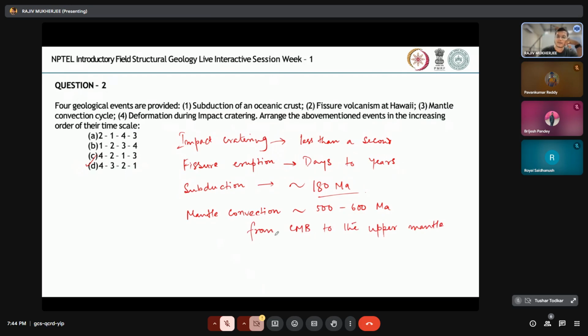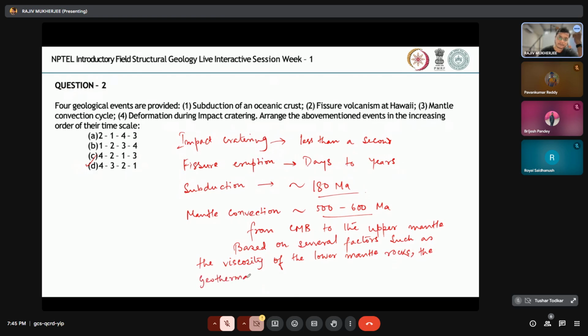So from the core mantle boundary to the upper mantle, it can easily take this much amount of time based on several factors, such as the viscosity of the magma, not the magma, just the viscosity of the lower mantle rocks, the geothermal gradient, and also the heat dissipation rate.